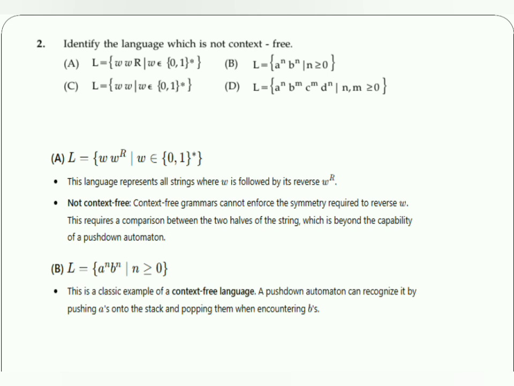Next, option B, L equals a power n, b power n, where n is greater than or equal to 0. This is an example of a context free language. A push-down automata can recognize it by pushing the a's onto the stack and popping them when encountering b's. So this is an example of a context free language.